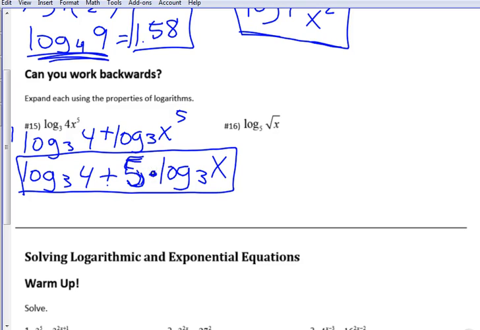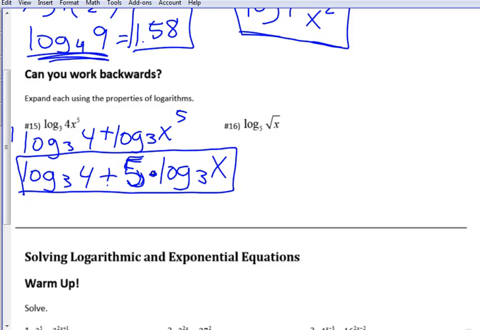Feel good? All right, I want you to look at 16 and just think about it for a second. I have log base 5 of the square root of x. I don't see a product, I don't see a quotient, and I don't see a power. But could you make one of those things appear by rewriting?